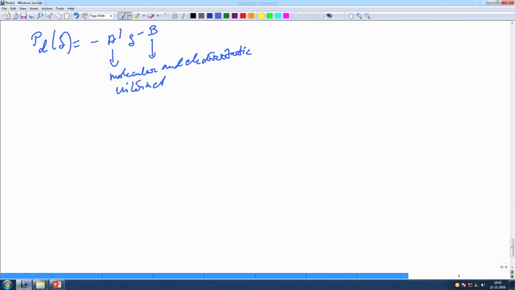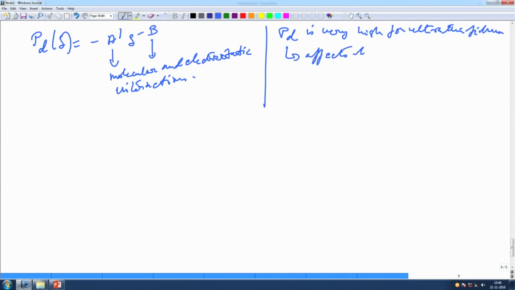Some of the characteristics are that PD is very high for ultra thin films, which we already got through the example. It affects your liquid transport, it affects your evaporation, we will see, and it affects of course the contact angles.